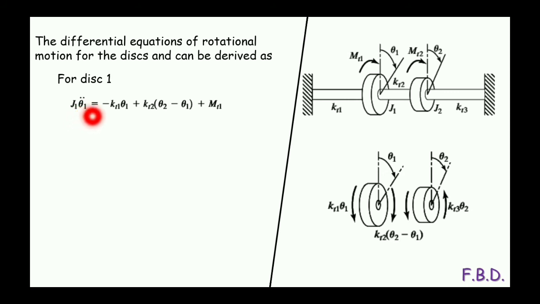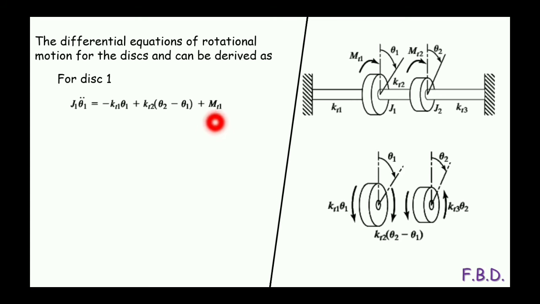That will be equal to the forces, the resisting forces for disc 1, which are minus KT1 theta 1 plus KT2 (theta 2 minus theta 1) and the external applied torque, that is MT1, in order to set the system into vibration.